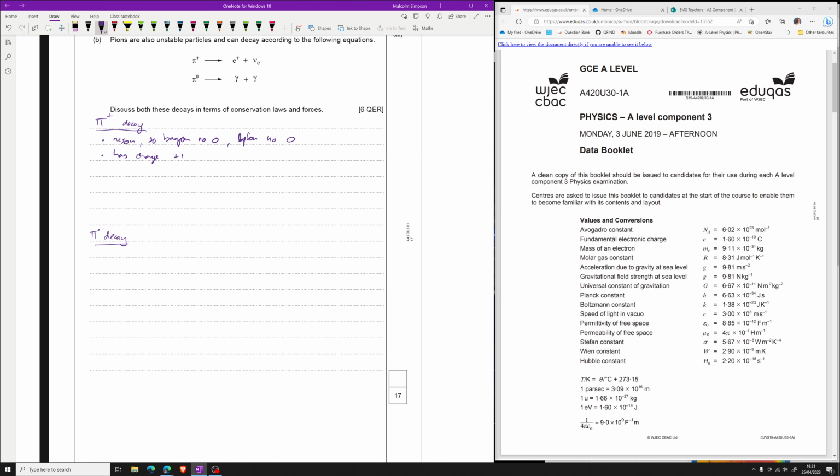To conserve charge and lepton number of 0, it's going to decay into particles which are not baryons and which have a total lepton number of 0, with total charge +1, total lepton number 0. This is a weak interaction.